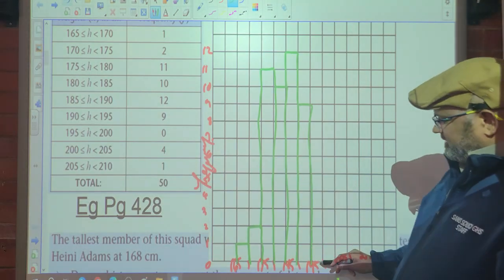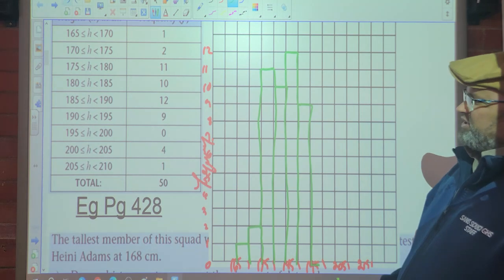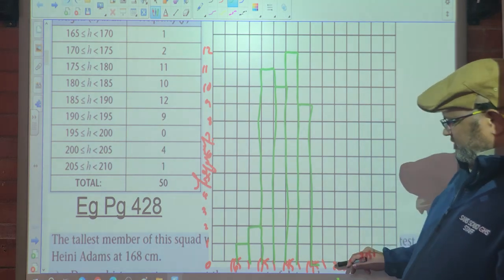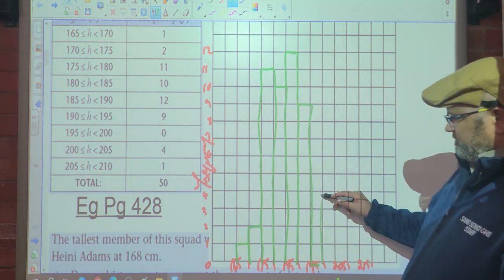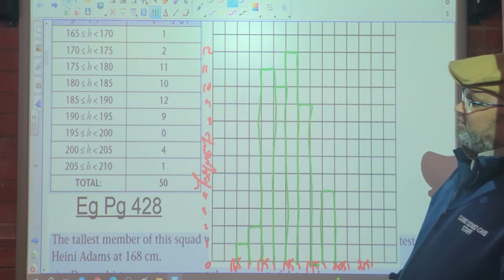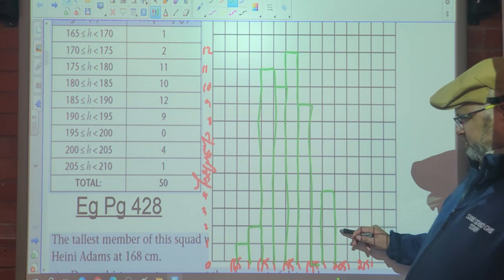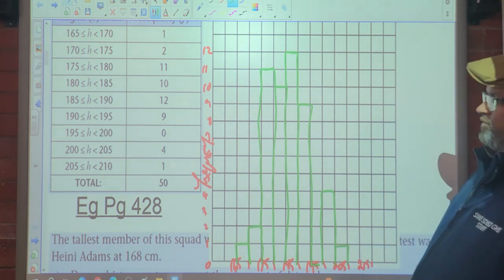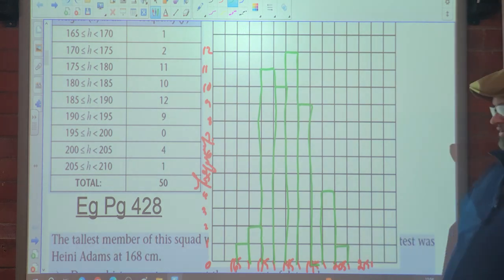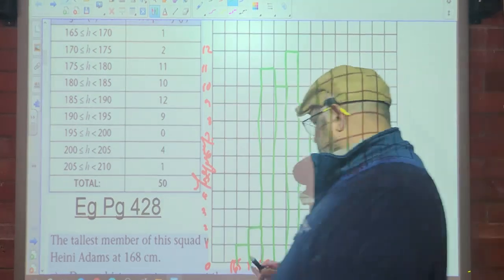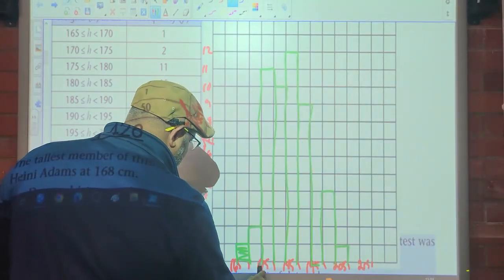Then 0, so it's blank. You don't have to write anything there. Then 4 for the next one, and then 1. Okay. Let's do 210. What I do is I can shade if you want.